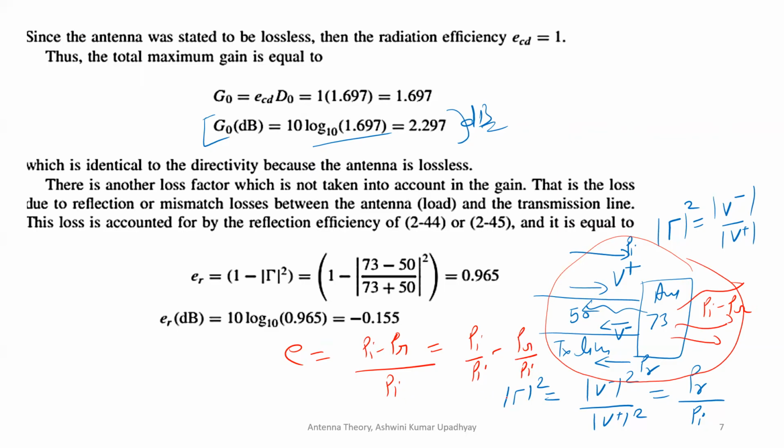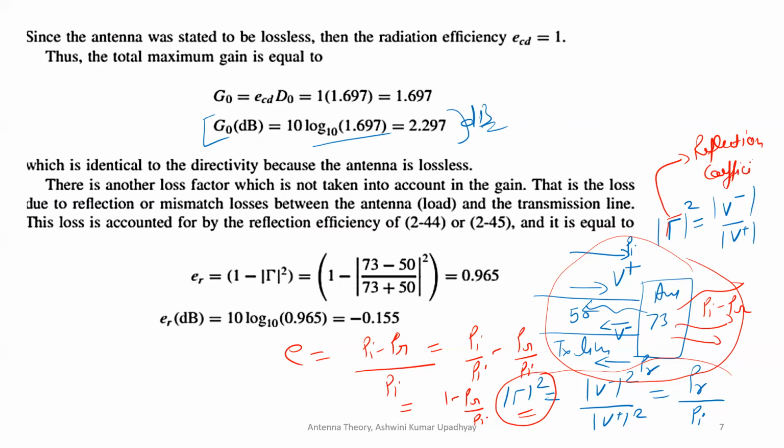So this can be written as 1 minus PR upon Pi. So can you tell me what was the value of this PR upon Pi? It was nothing but the square of the magnitude of sigma, which is called reflection coefficient.